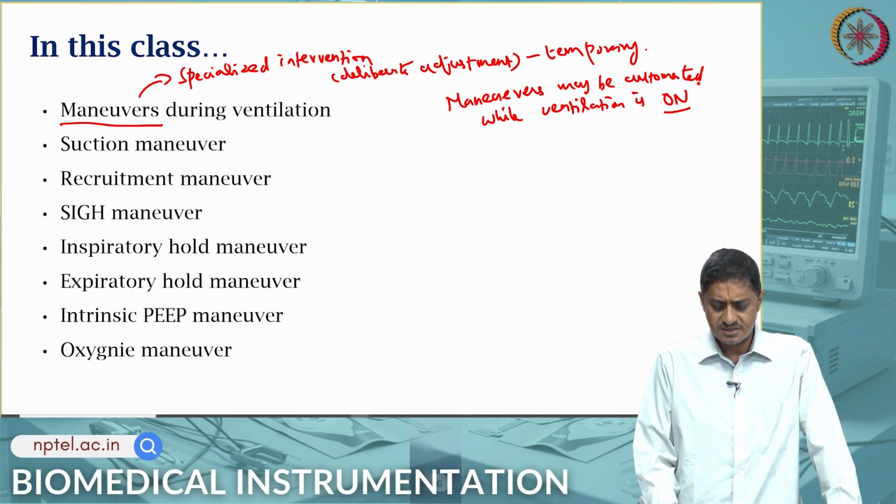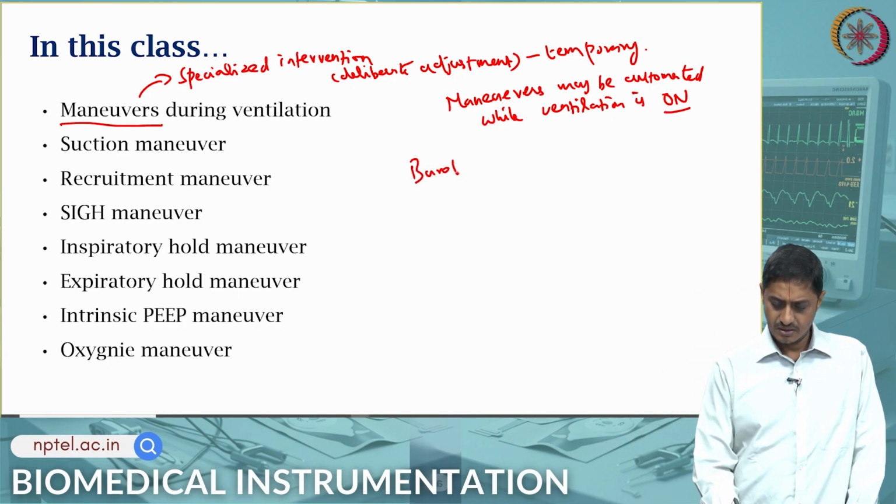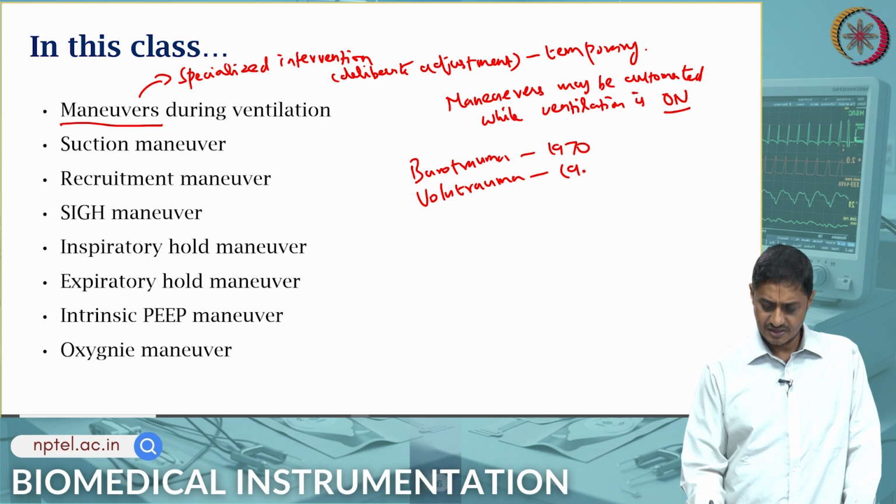This is critical because of the advent and recognition of ventilator induced lung injury, for example, barotrauma was recognized in the 1970s, and volutrauma, not volume trauma, rather volutrauma, was recognized in the 1990s.